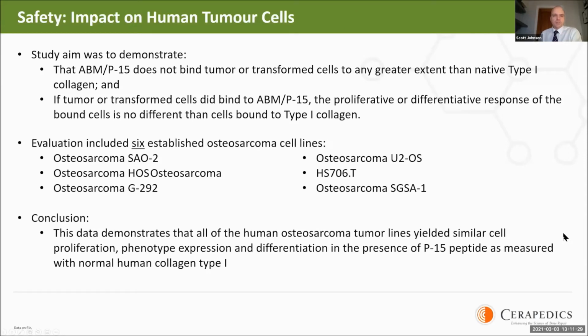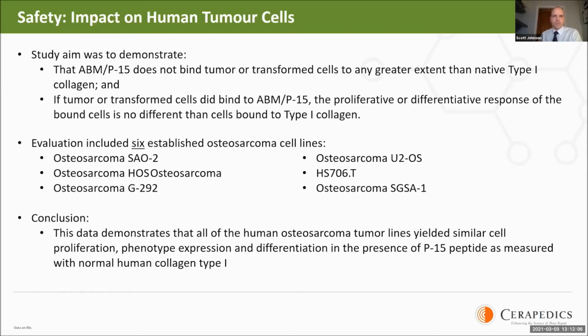So also relevant for today's discussion and the presentation by Mr. Grohovac, one of the additional evaluations we've conducted is to evaluate the impact of P15 on osteosarcoma cell lines. As a component of our IDE PMA application, we included an evaluation of the impact of P15 compared to normal type 1 collagen, which is obviously abundant within the body, within 6 primary cell culture osteosarcoma cell lines.